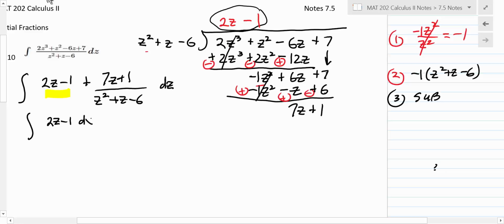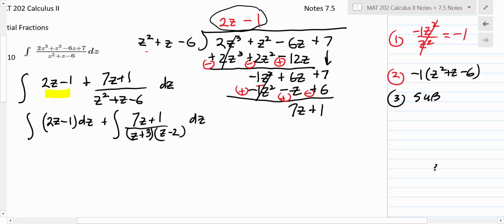We're going to do this integral, which we can do in our head. Now the second one, you're going to have the integral of 7z plus 1 over the denominator, and you need to factor that denominator. That does factor: z plus 3 and z minus 2.